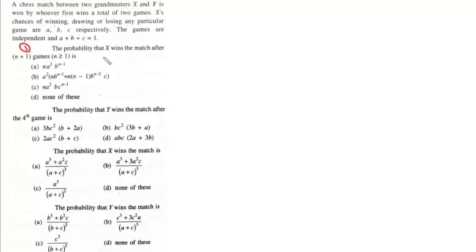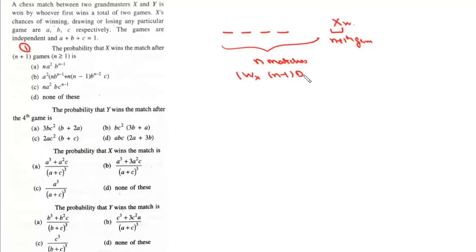Now, X is going to win after n plus 1 games if in the n plus 1th game X wins, and in the remaining n matches there should be 1 win for X and n minus 1 draws, or 1 win for X, 1 win for Y and n minus 2 draws.